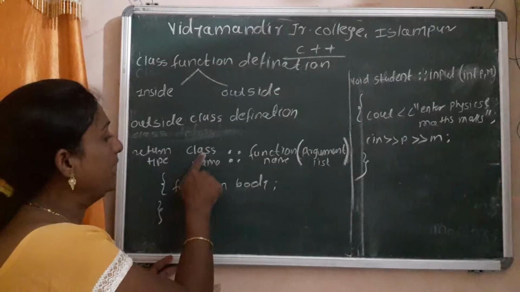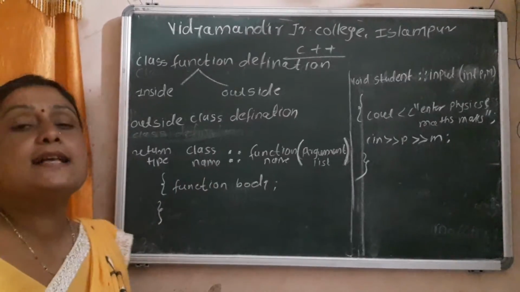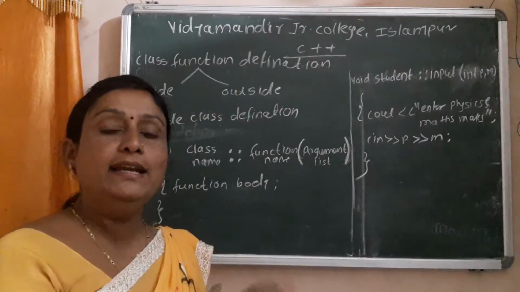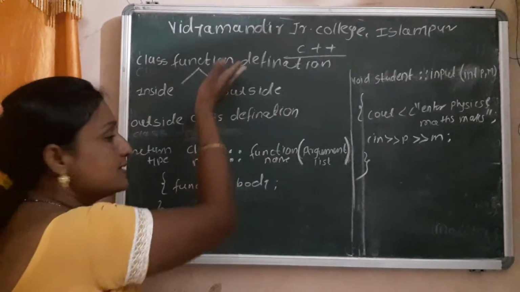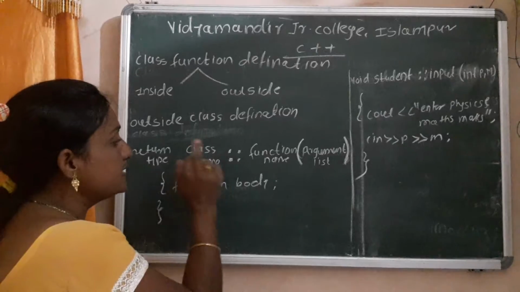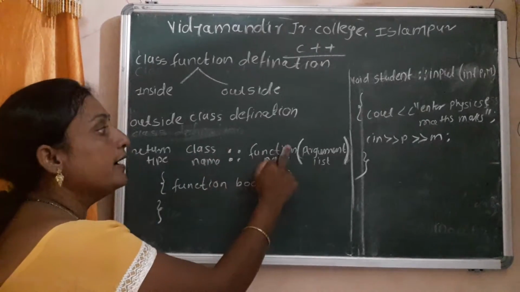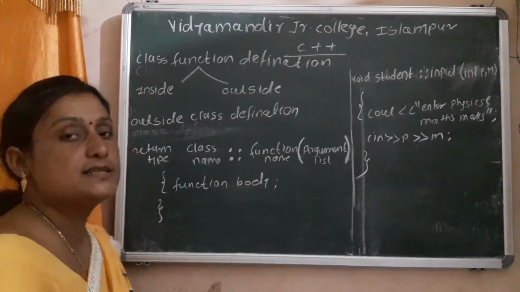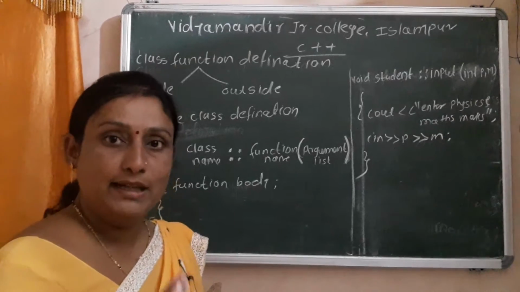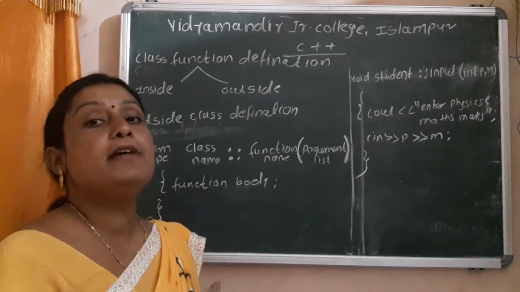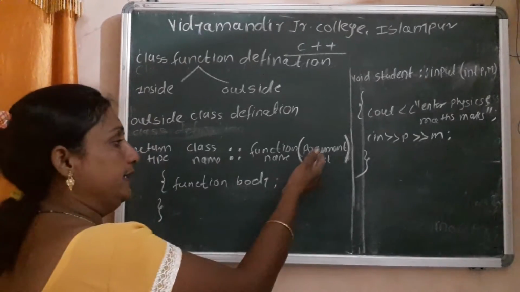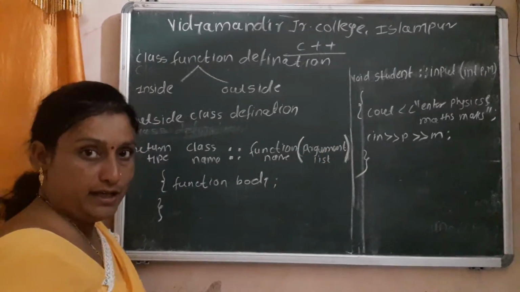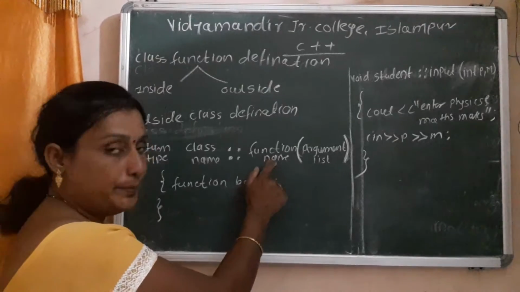Next we write the class name, which is any valid name declared before this statement. Next is the scope resolution operator. The function name is any valid name which obeys the variable declaration rules in C++. And the argument list is the variables on which the function operates.